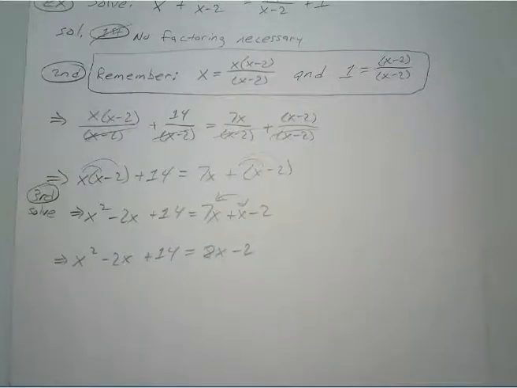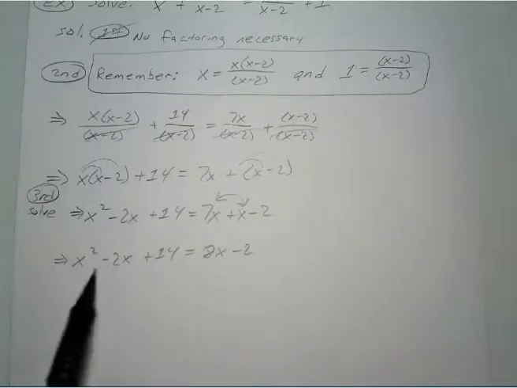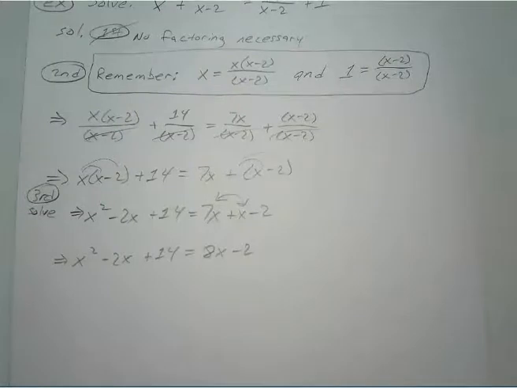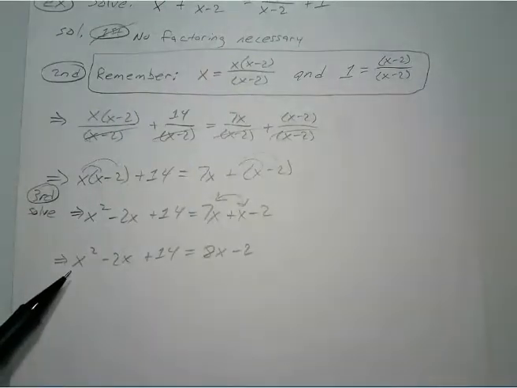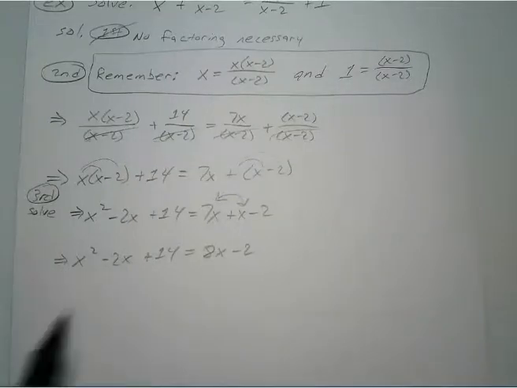Now this one is a little bit different, because what you want to do now is pull everything to one side. This is why this question is a little trickier, because you have that x squared. You're not just solving for x. When you have that x squared, you want to make all of that on one side equal to 0, and I'll show you why.